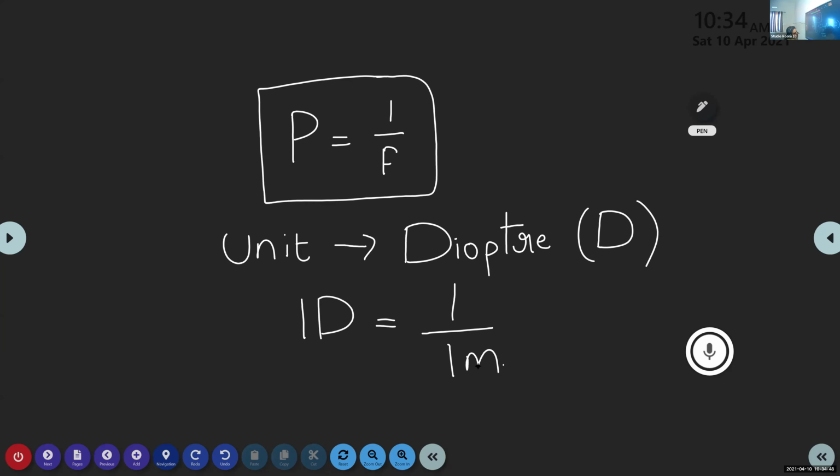If the focal length is 1 meter, we get the power of the lens as 1 diopter. Sometimes you may find a question like this: define 1 diopter. We know the equation of the power of lens, the unit of power of lens is diopter and focal length is expressed in meter. So 1 diopter is 1 divided by 1. That is, if the focal length is 1 meter, then we get the power of the lens as 1 diopter.